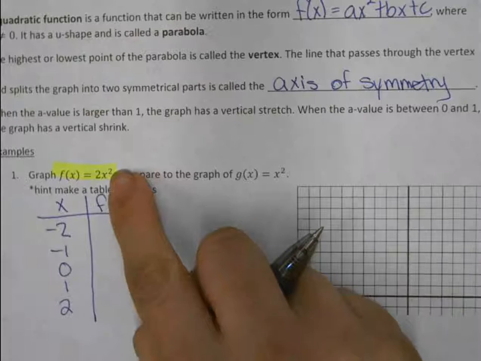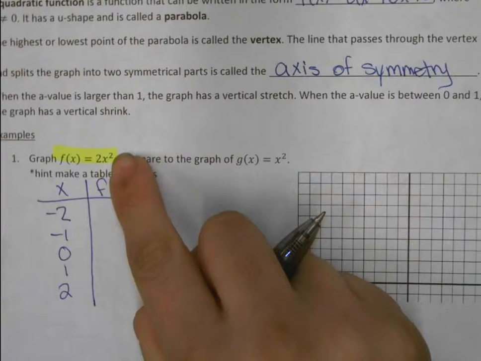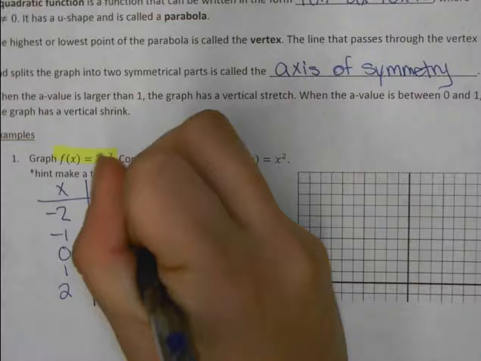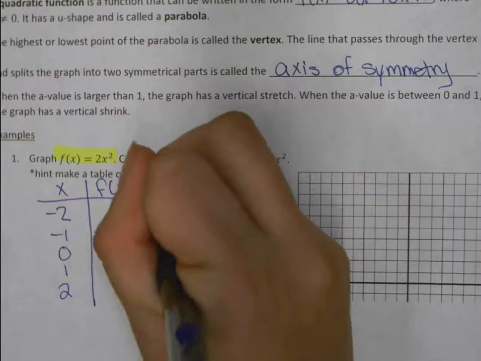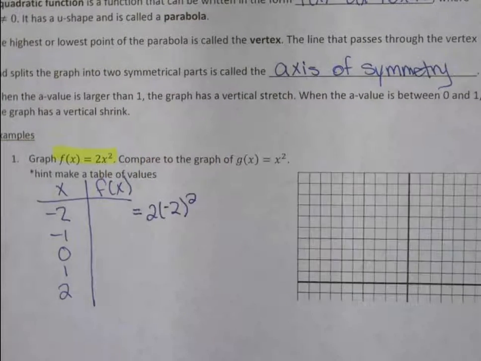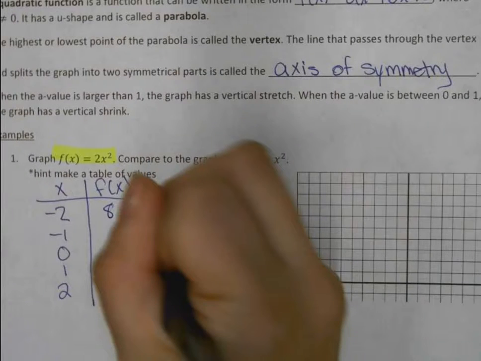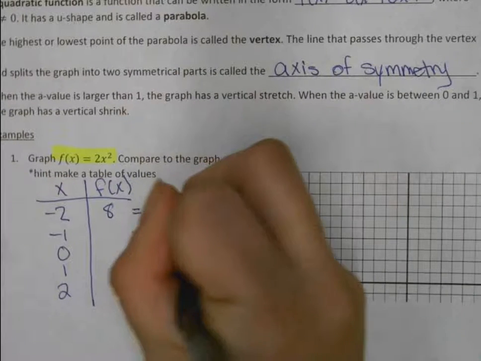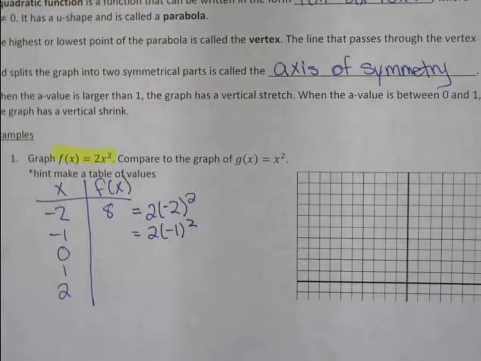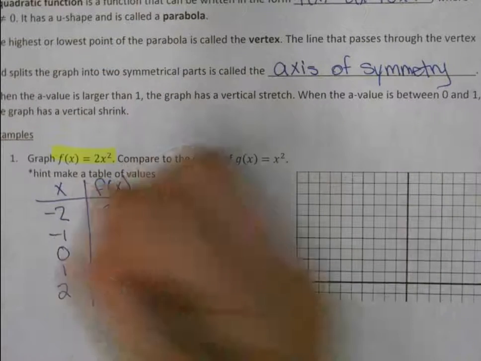And what I'm going to do is plug my x values into the equation I highlighted. So I'm going to start off with 2 times -2 squared. What's -2 squared? 4 times 2 is 8. Then I have -1 squared is 1, times 2 is 2.